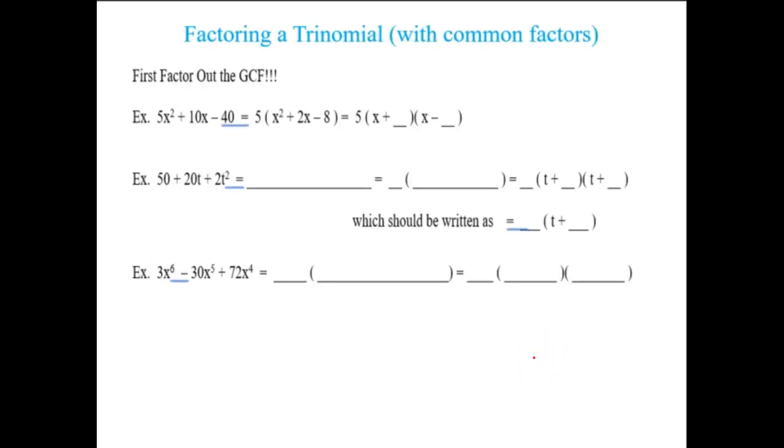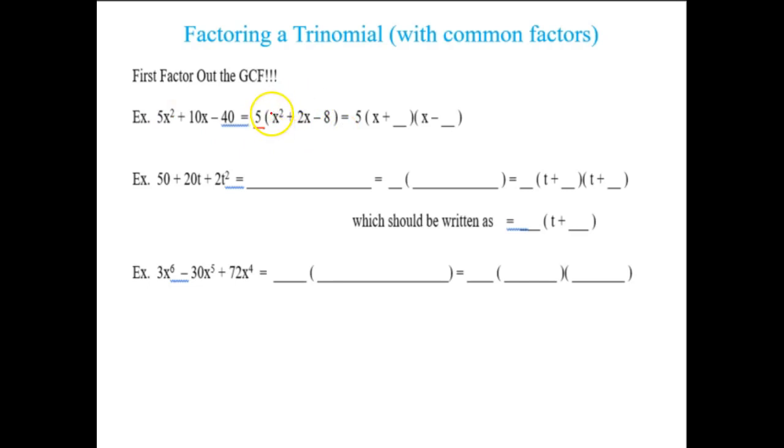Now, often you have to do that first step of distributing out your greatest common factor before you can do the factoring we were just talking about. So here's an example of that. You have these three terms, and you see that 5 goes into everything. So I can distribute out a 5, and if I divide everything by 5, I'd get x squared plus 2x minus 8.